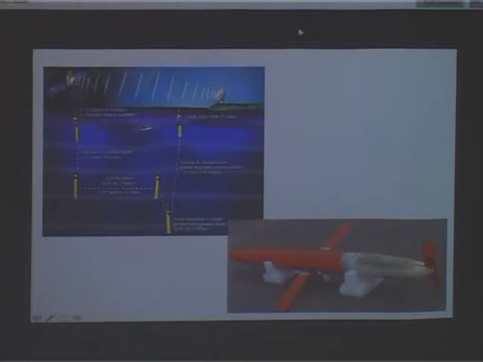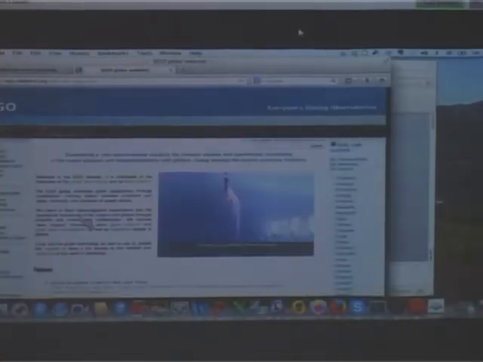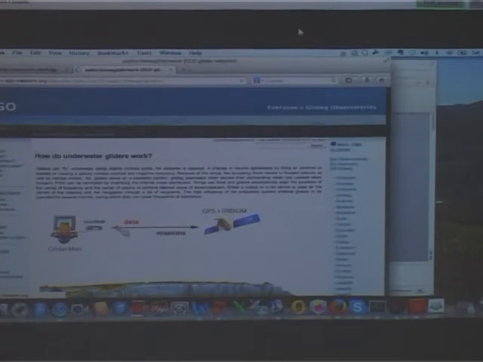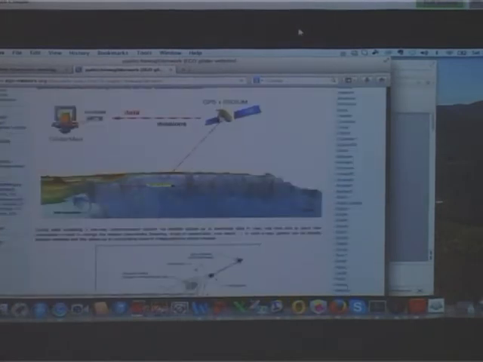If you go to the Ego Glider website, you can see in this little cartoon a glider going down, coming to the surface, dumping.